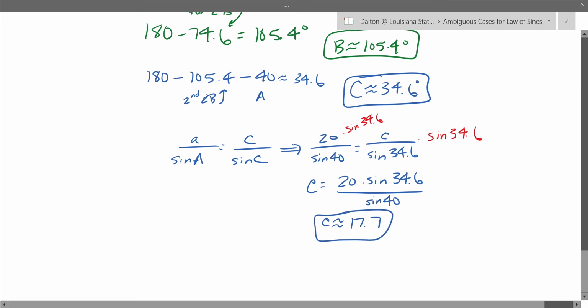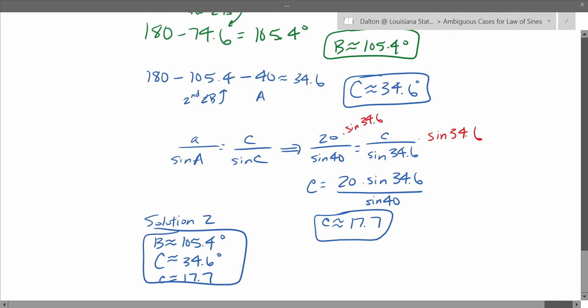So then that implies for our second solution, solution 2, angle B could be the obtuse triangle option of 105.4 degrees, which would imply angle C would be 34.6 degrees, and side C is approximately 17.7.